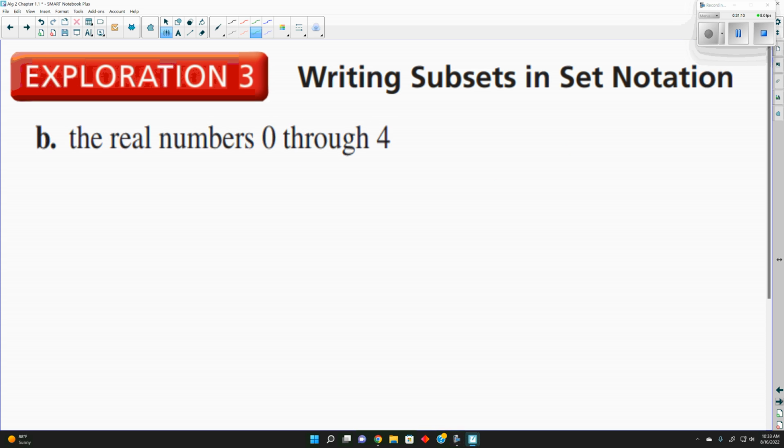Here's exactly what I was talking about. We're talking about the real numbers between 0 and 4. I can't write all these out. As I just said, between 0 and 1, we have an infinite number of numbers. So writing it as we did the last one is not going to be realistic.